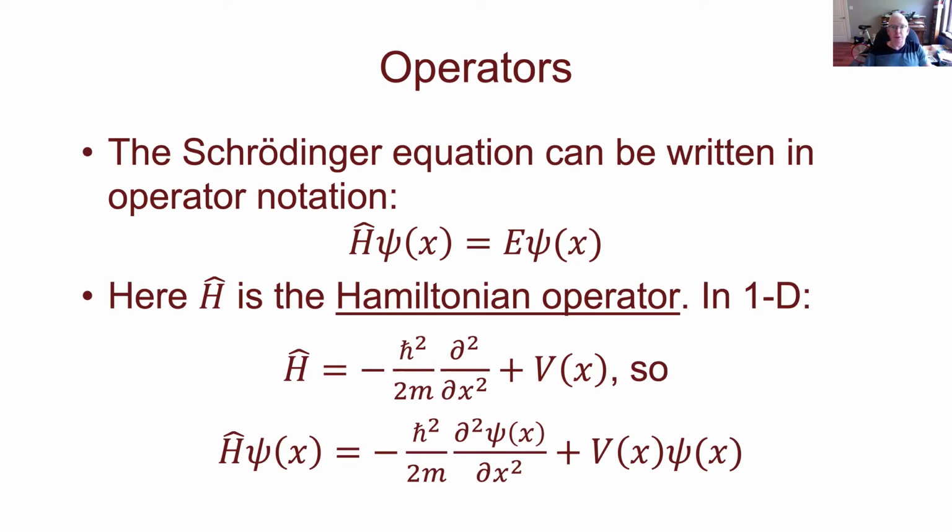In the Schrödinger equation, if we write it in operator form, the hat on my H tells me it is an operator. That's kind of awkward with it up there, so let me take that away.